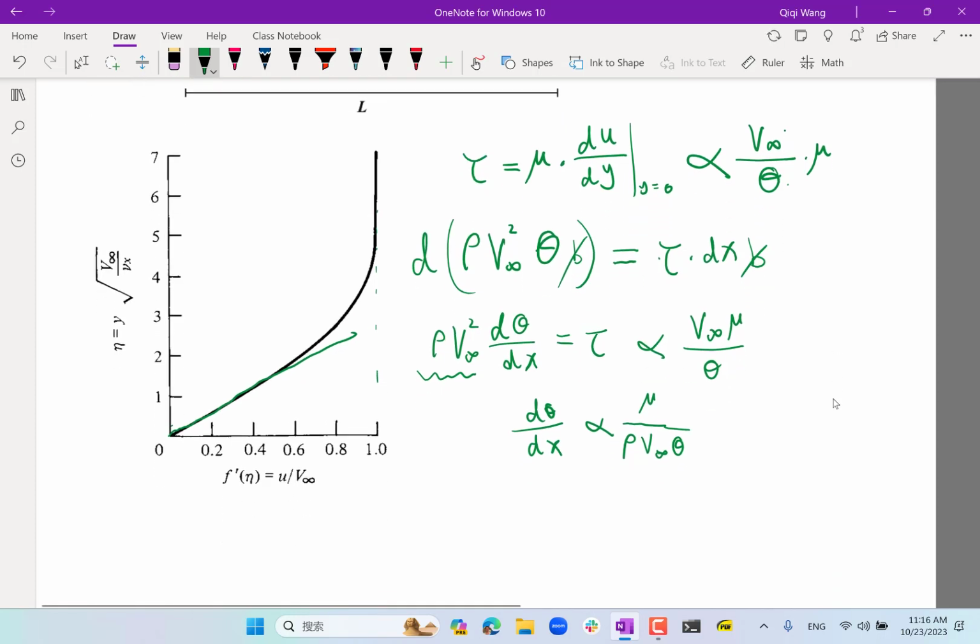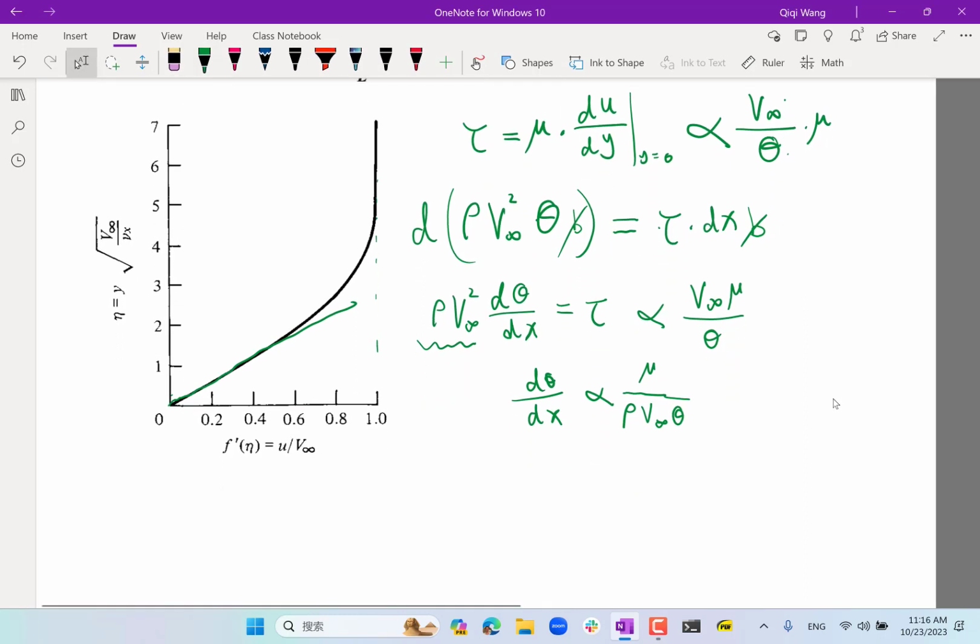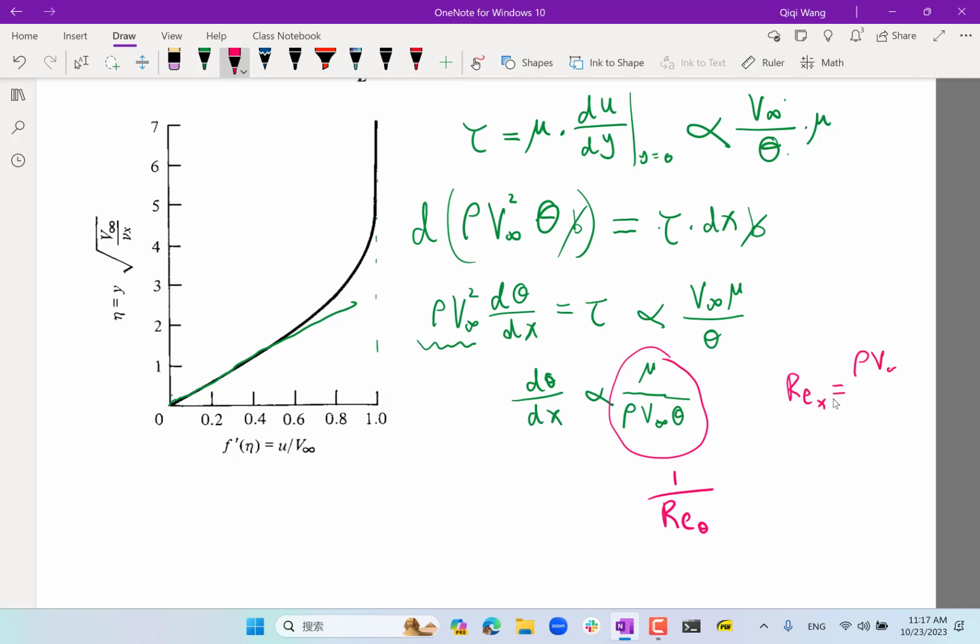Okay, this allows us to non-dimensionalize both x and theta, right? So let's go to the non-dimensional form. And if you look at this part, this is 1 over Re theta, the Reynolds number with respect to theta. And you also realize Rex, the Reynolds number with respect to x, is rho v infinity x divided by mu, right?